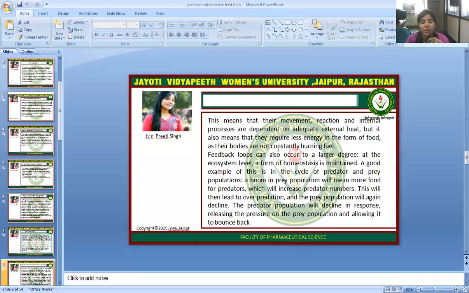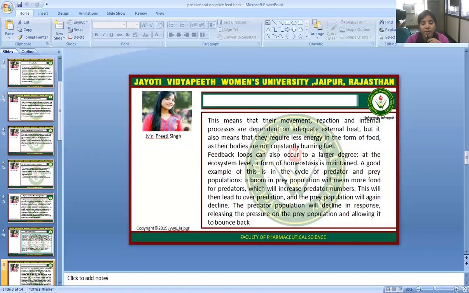Feedback loops can also occur to a larger degree at the ecosystem level. A form of homeostasis is maintained. A good example of this is in the cycle of predator and prey populations.